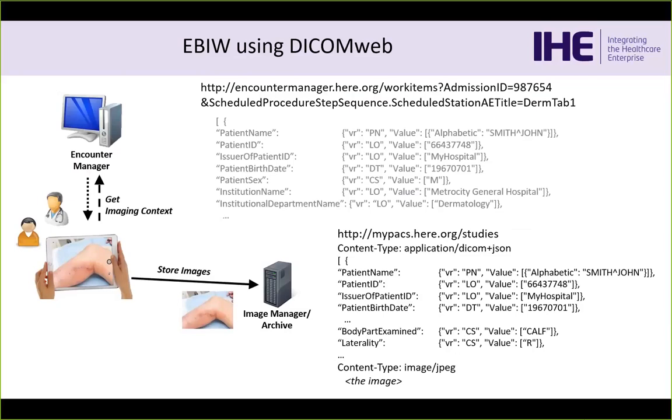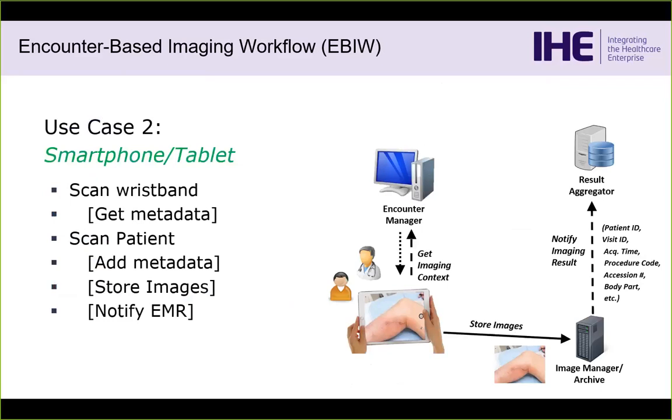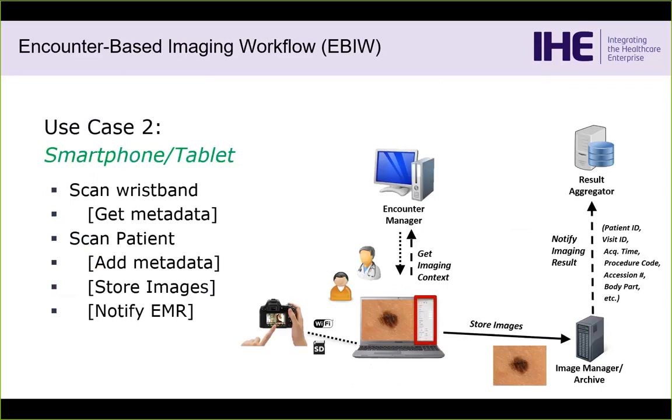They've augmented it with a couple rows down at the bottom. You see they've included the body part examined, which is the calf, laterality is right. But for the most part, they've just copy-pasted the metadata, they've put in the JPEG image, and you now have a fully qualified image in your PACS. So relatively straightforward.